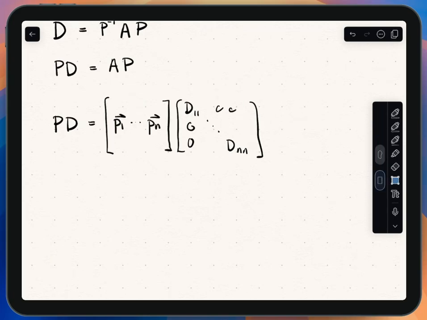When we're taking the matrix multiplication here, we can see that we're going to take this column right here and pull it atop. This is what we're doing in our matrix multiplication. We can see that D11 is just going to impact the first column in our P matrix.